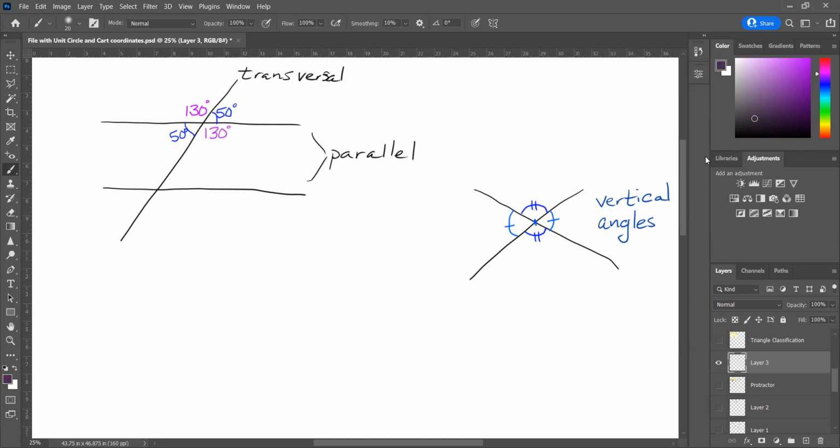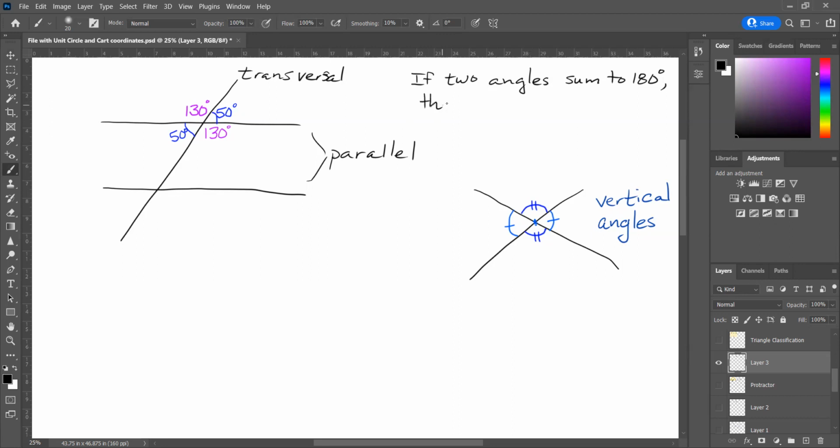And we have names for those too. We have names for almost everything. So if two angles add to 180 degrees, they make a straight angle. I'm going to say sum to 180 degrees, just so I can use a fancy math term.